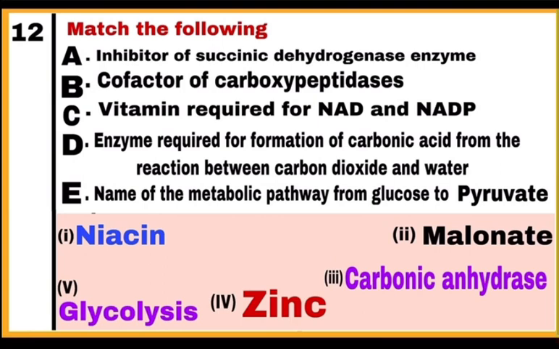This pathway is called glycolysis, where glucose is converted to pyruvate, and this pathway involves 10 steps. So here A matches with 2, malonate, B matches with 4, zinc, C with 1, niacin, D with 3, carbonic anhydrase, and E with 5, glycolysis.